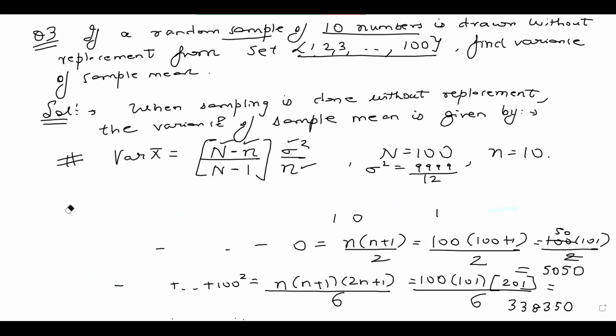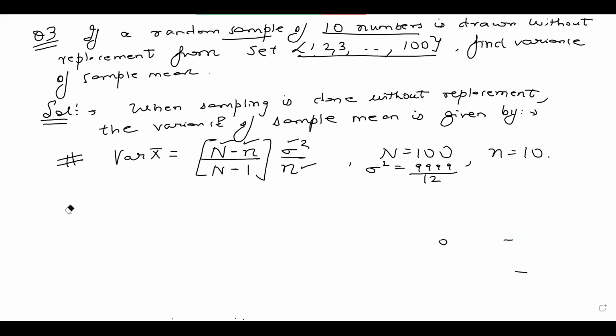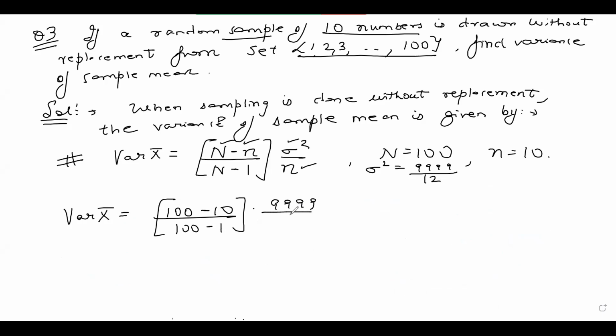I erase this whole part off, and I'm just now going to put everything in the formula for variance of x bar. So variance of x bar is going to be 100 minus 10 over 100 minus 1 times 9999 over 12, which is sigma square, times 1 over 10.